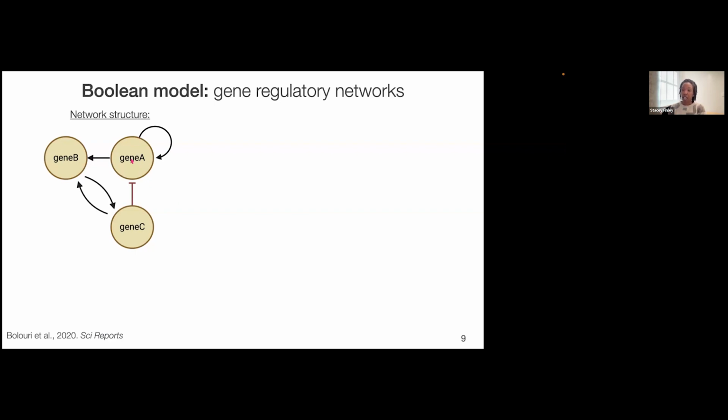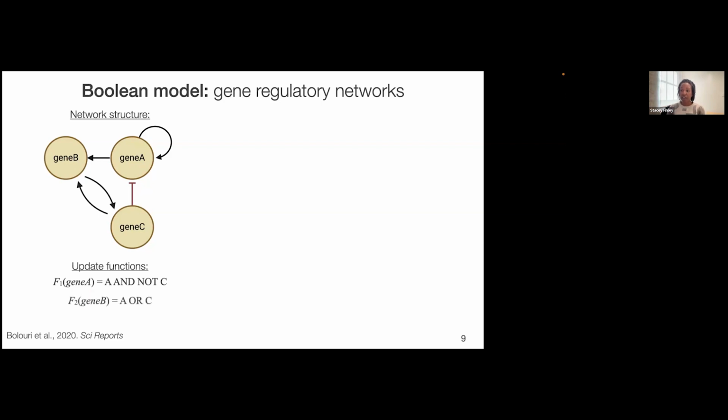So if gene A is going to turn on in the next time step, first of all, it already has to be on, and that's part of its update function. It has to already be on because it's influencing its own expression. And gene C cannot be on, and we see that with the red arrow with the bar at the end. So this is just one way that we can describe how the expression of gene A will change in the next time step.